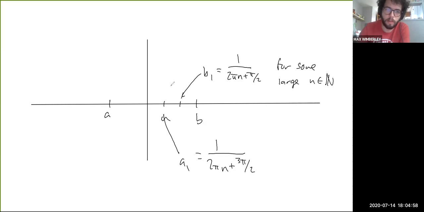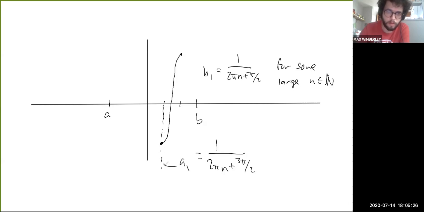And so we know that the value of the function, oh, dang. Okay, I'm going to erase these arrows for now. We know that the value of the function at A1 is -1, and at B1 it's +1, right? So there's a piece of the function that looks kind of like this.